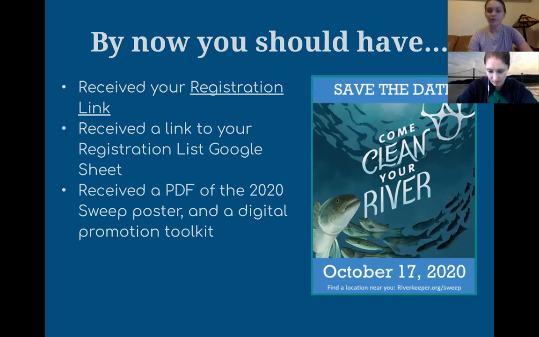Those are a good thing to look at, particularly the registration list, just to get a sense of how many more volunteers you need to recruit for your site. You also should have received some promotional materials, including a PDF of the poster that's in this slide, and also a digital promotion kit, to tell you a bit about how to promote your site on Facebook and Twitter, and other things like that.